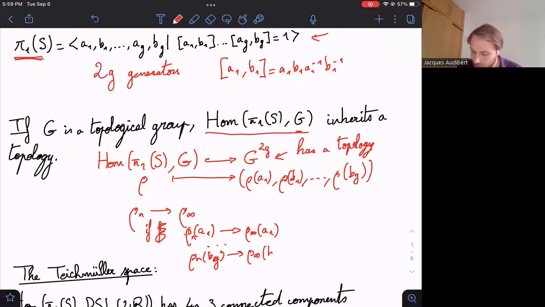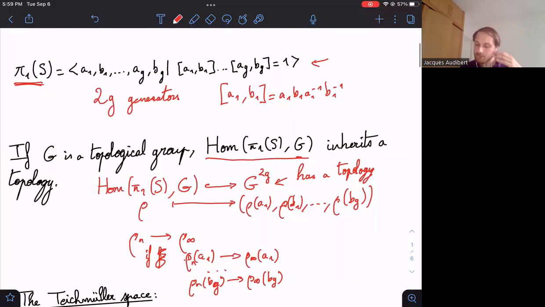So we want convergence on the generators. So we have a big topological space that might not look good, but at least we have the notion of converging, so we can talk about continuous functions and so on. And we also have a notion of deforming representations. We can say that a small deformation would mean something that lies in a neighborhood of a representation.